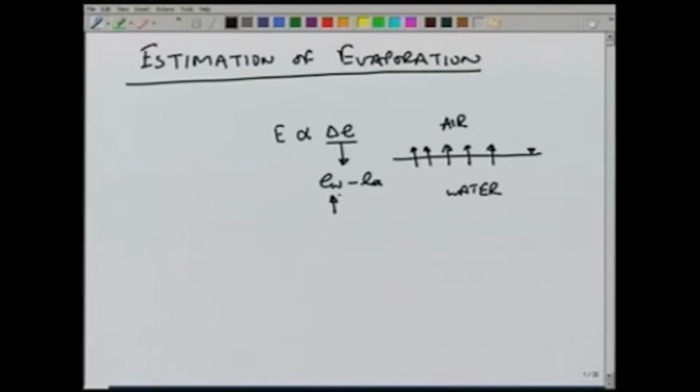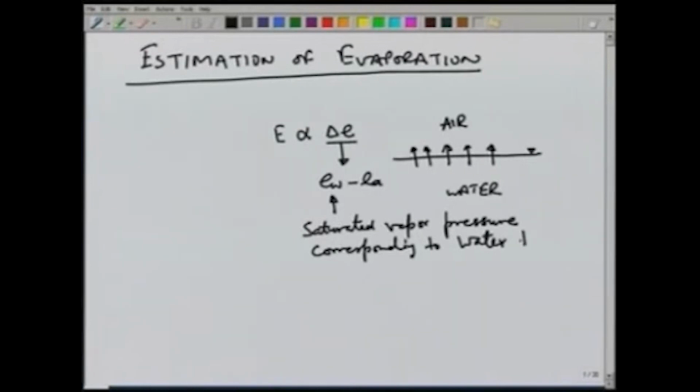This is the vapor pressure corresponding to water temperature, and EA is the vapor pressure in the air. So, the difference of these two vapor pressures will drive the evaporation.